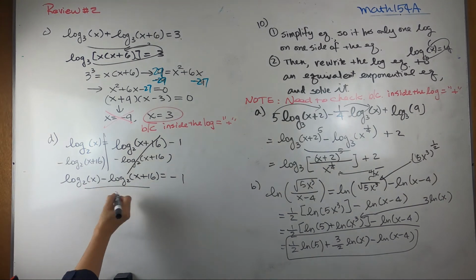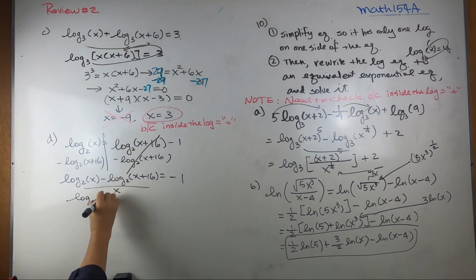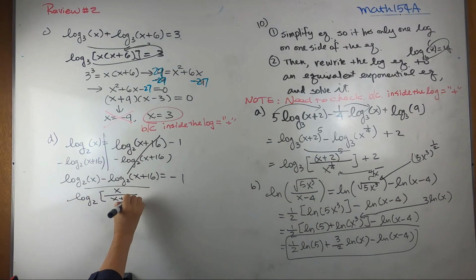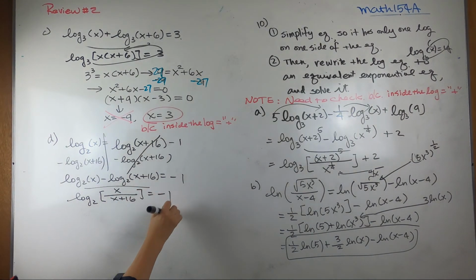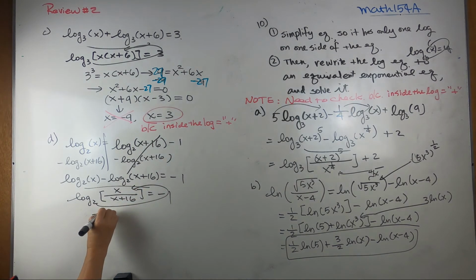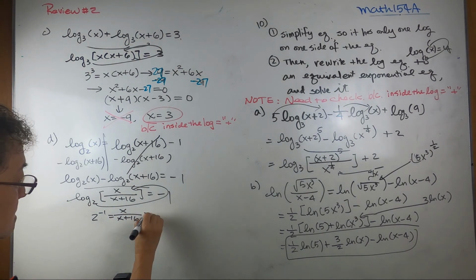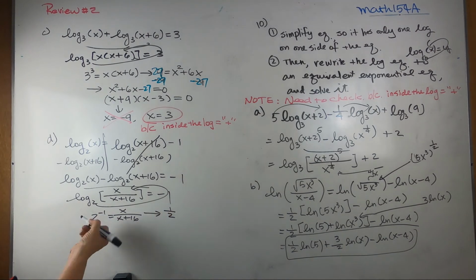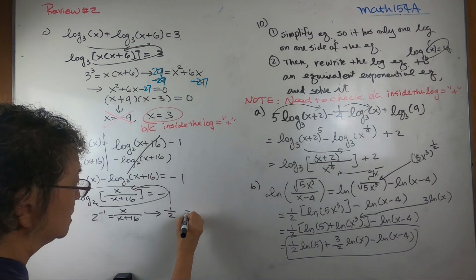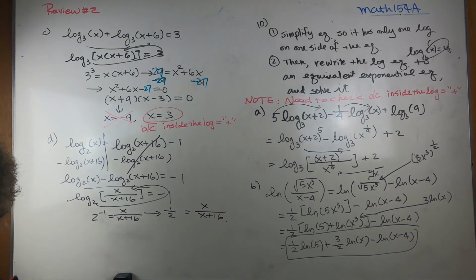So for this, if it's subtract, if you rewrite a log, you should have what? Divide inside, right? Should have a division. Then we do the hooking. So you have what? 2 to the -1 equals what? X plus 16, right? That means you have half. 2 to the -1 is half equals what? X plus 16, right? How do we solve it?